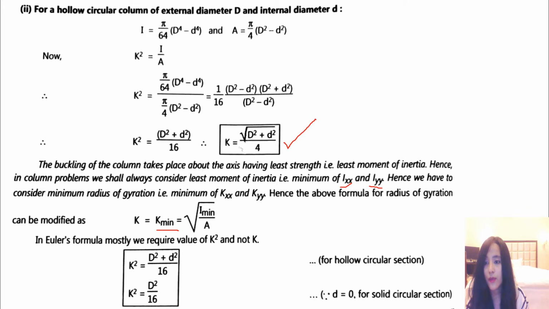Now in Euler's formula mostly we require the value of k square. अब आगे जाके हमें Euler's formula use करना पड़ेगा. So instead of k equals root over of (d square plus d square by 4), we will not be using this formula a lot, because in Euler's formula the value of k square is given, so we will be using this one here, where k square has come. So at the last, the value of k square has come.